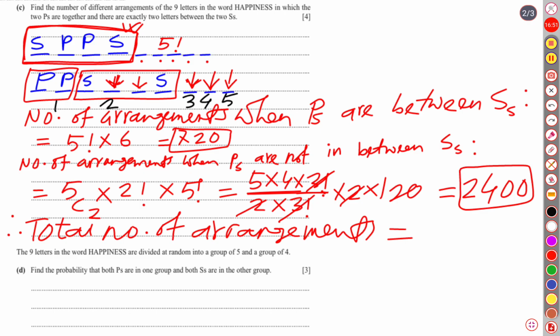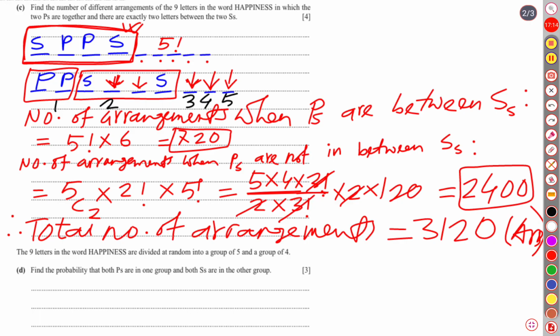So in total, 3120 ways the letters can be arranged as per the restriction they have mentioned. So as I have told at the beginning, this is the most complicated solution of this paper. Well, let's move on to the next question.